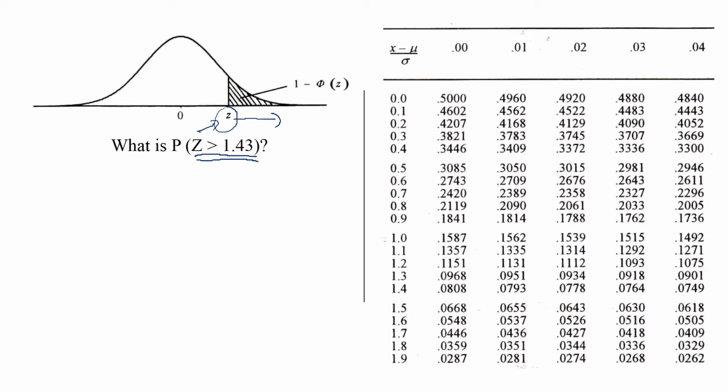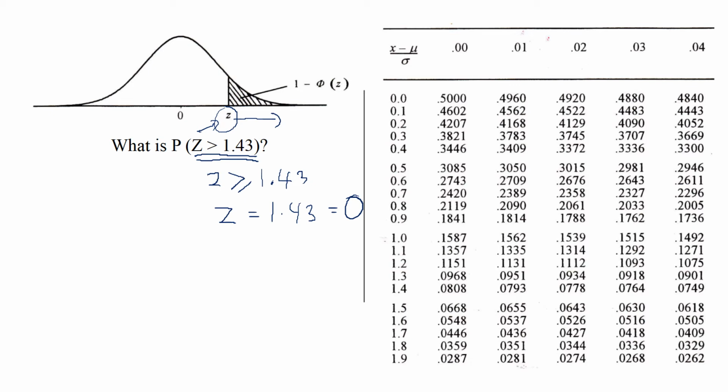First of all, note that this is exactly the same as the probability that Z is more than or equal to 1.43, because the probability that Z is equal to 1.43 is 0. Z is a continuous random variable, and for continuous random variables, the probability of being exactly equal to any value is 0. So whether I say less than or less than or equal to, we get the same answer.